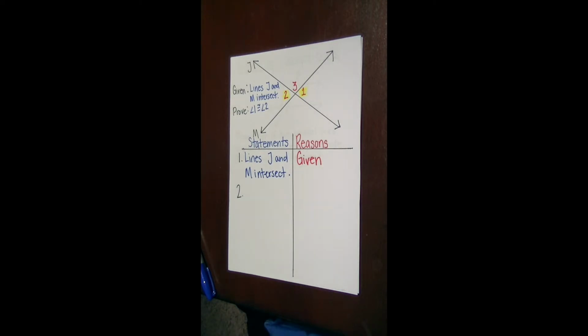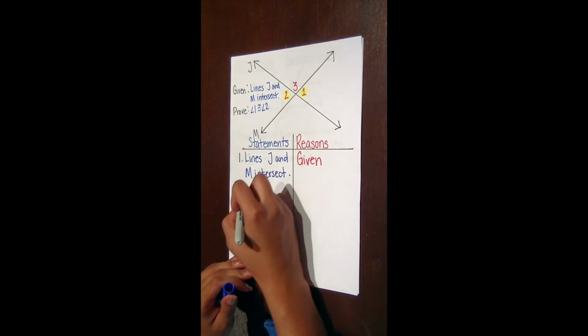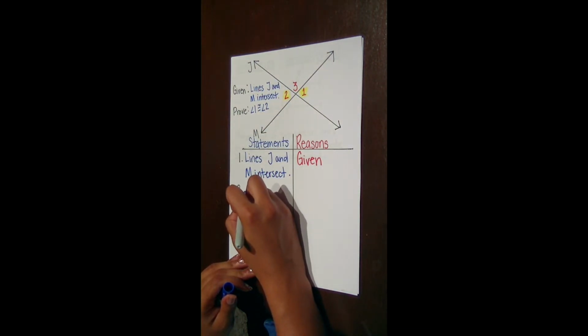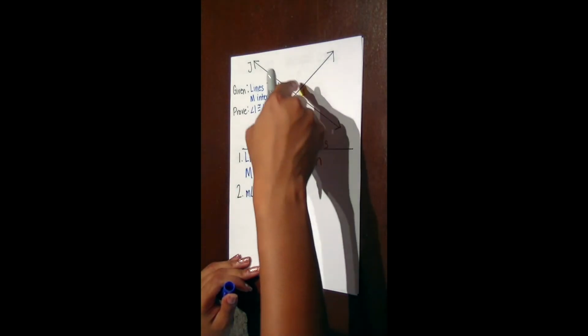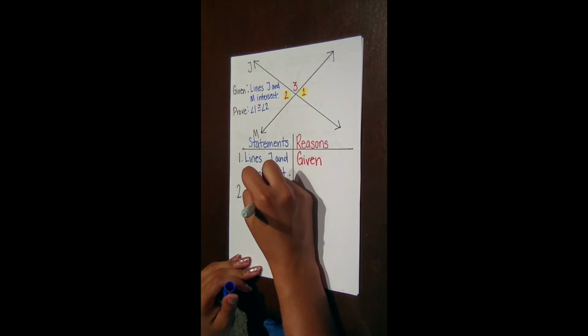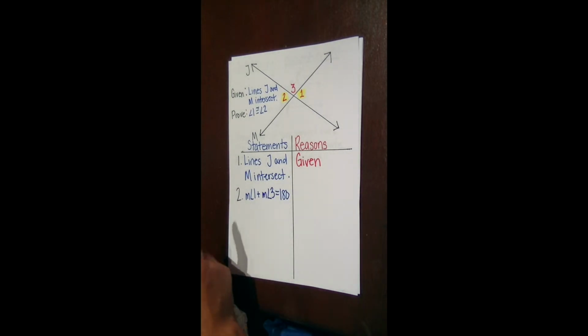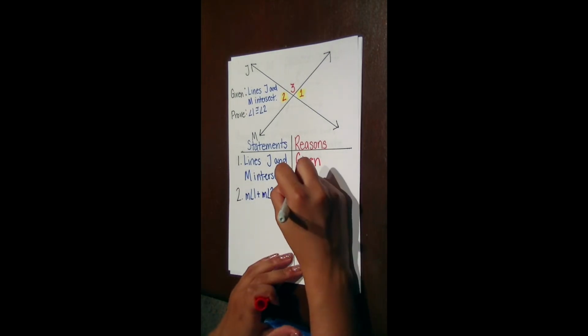You know something, right? So we know the linear pair postulate. We don't know if it's going to help us or not, but let's just write it down and see. So linear pair tells me that the measure of angle 1 plus the measure of angle 3, you see how they form a straight line, equals 180. And that reason was the linear pair postulate.